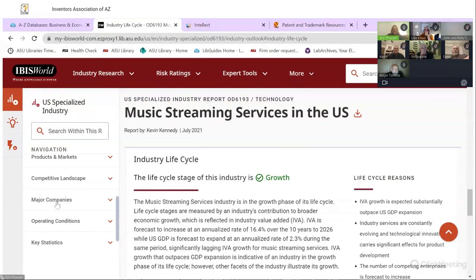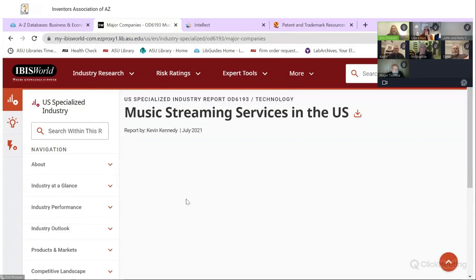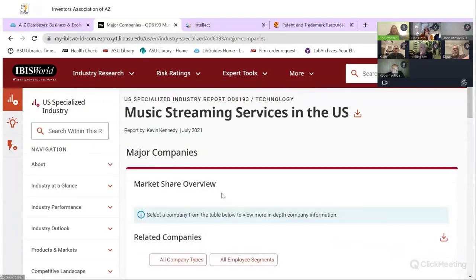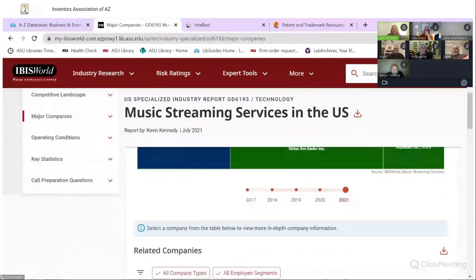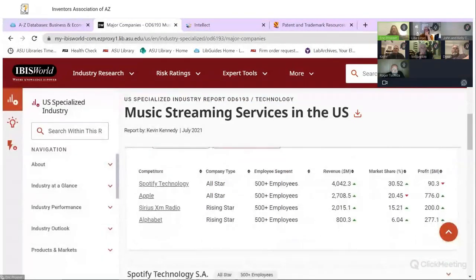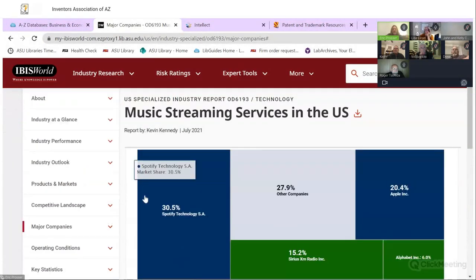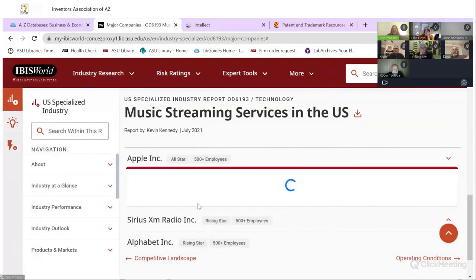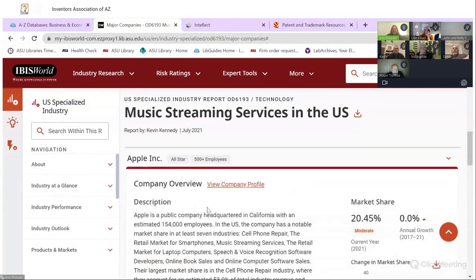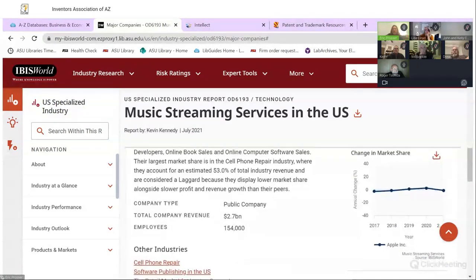Earlier, Lisa talked about finding competitors. And so this kind of shows you who the major players are in the market, both in a graphical way and in a tabular way as well. We have the ability to click through and look at the specific companies themselves. And there we go.